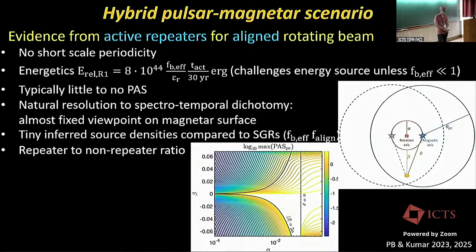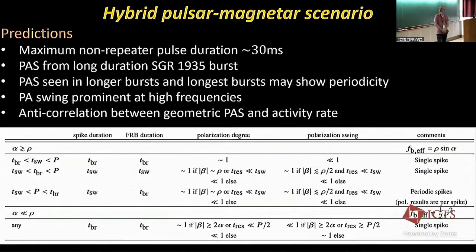I won't go into this explanation; I can talk about it later if you like. And it explains the tiny ratio between the estimated number source densities of repeaters and those of non-repeaters, or if you want, the ratio of observed repeaters to non-repeaters. There are some predictions which I will just leave here, but not discuss due to time.